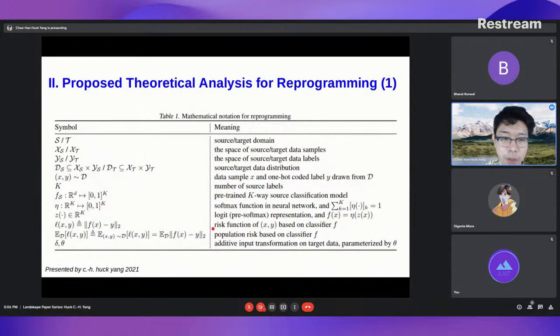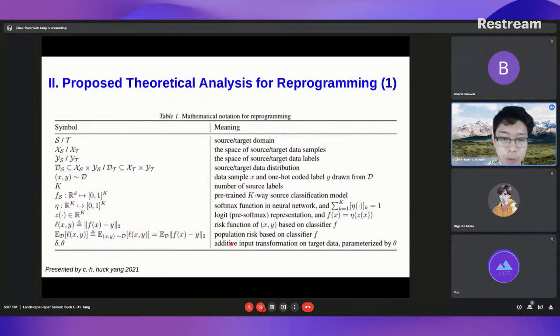And finally, there are two things important during this analysis. The first is the risk function of X and Y on the classifier F. You can think of the prediction of a Y as having a loss. With a lower loss, the prediction will be much better.